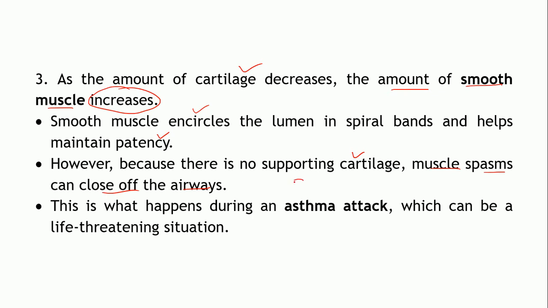Whatever lumen is present, the smooth muscles are present circularly. So, if these contract, what will happen? Their length will decrease and the diameter of the lumen will decrease.